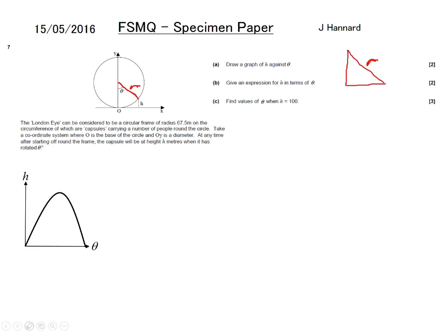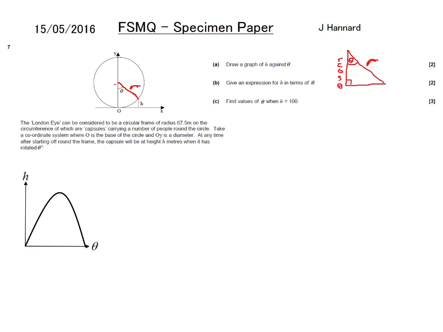There we go. So just to talk about that again, this is a replica of what's over here. That's obviously a right angle triangle. If we want this height here, that is going to be r cos theta.